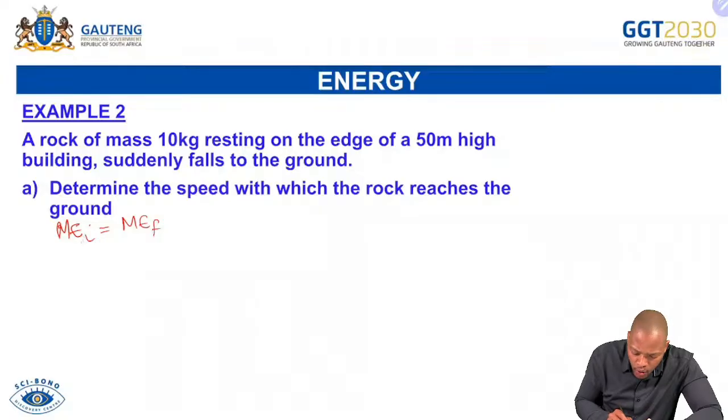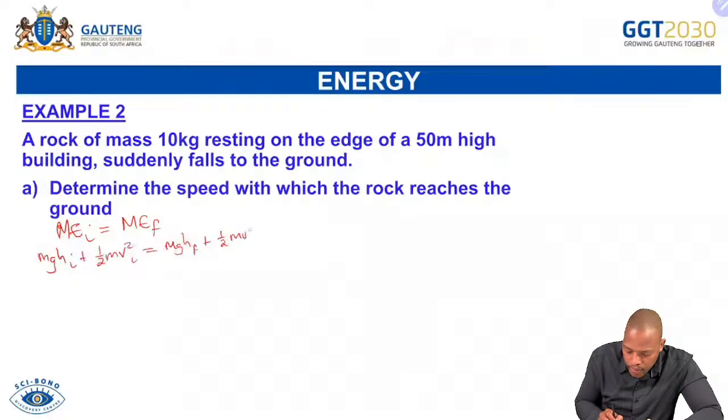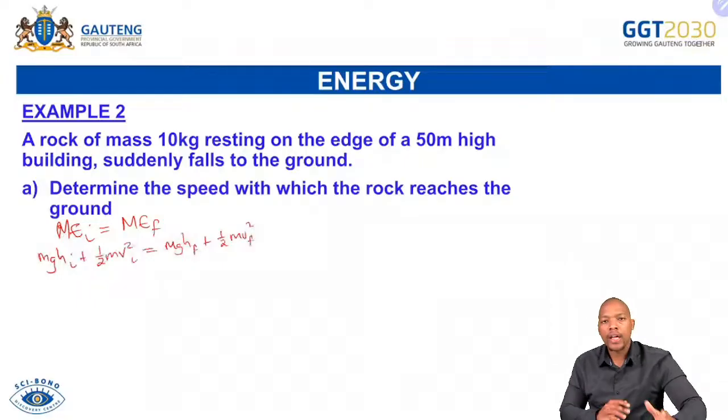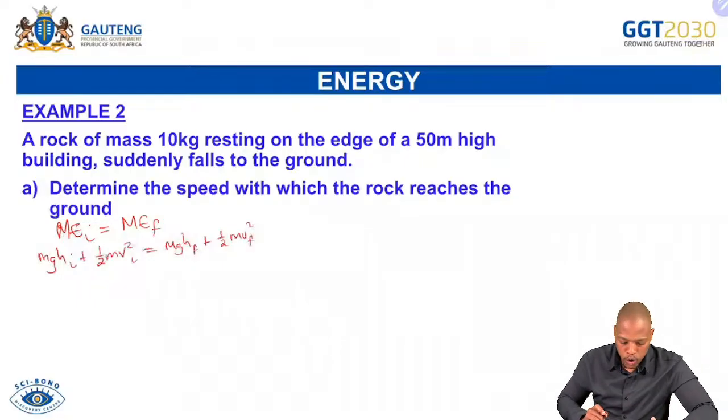And then I know that ME initially is the same as EP plus EK, which is mgh initial plus half mv squared initial, equal to mgh final plus half mv squared final. That's at the bottom there.